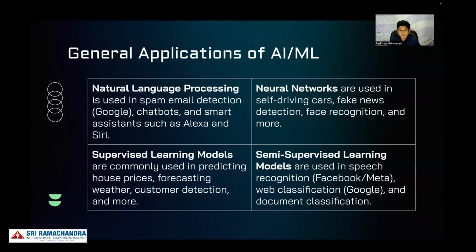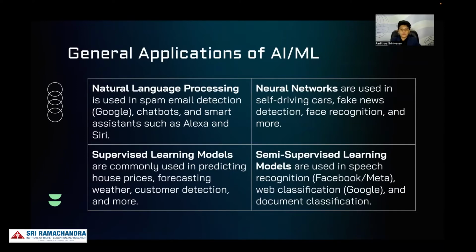So what are some general applications of AI and ML? Natural language processing is used in spam email detection, chatbots, and smart assistants such as Alexa and Siri. It involves the fields of text to speech, speech to text, and everything in between.